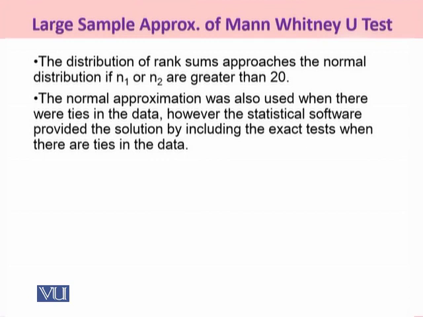However, certain statistical software, such as SPSS or Minitab, provide the exact test when there are ties in the data set, and they take care of ties across the samples or even within the samples.